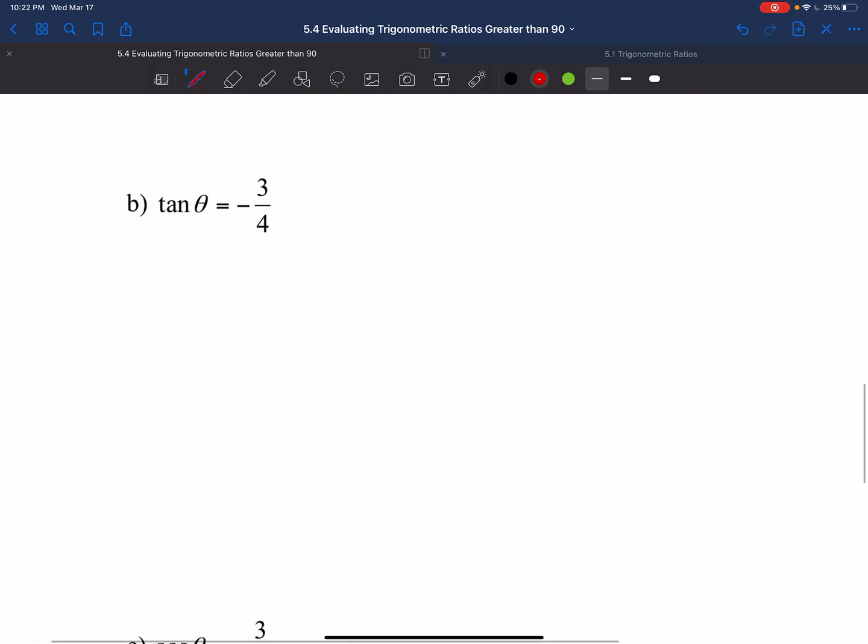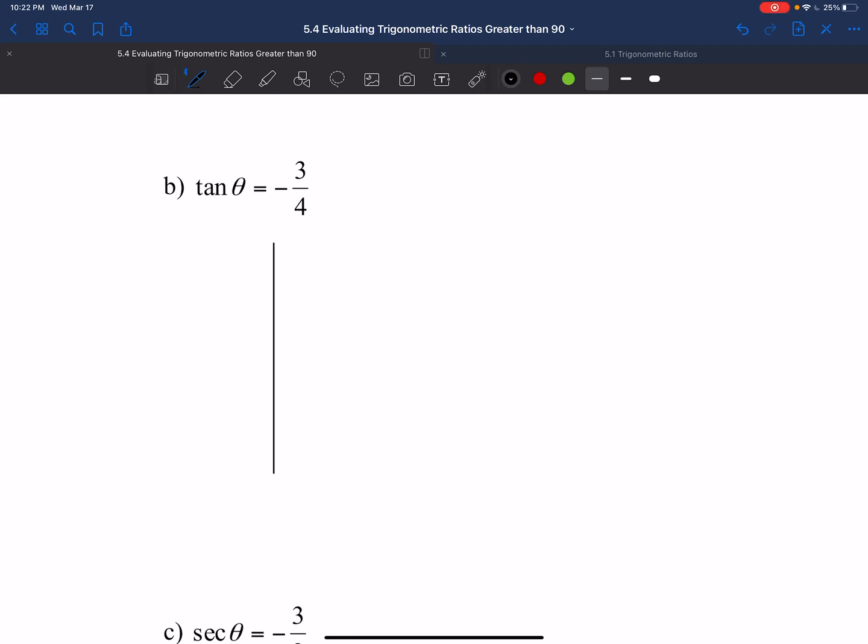So if tan is negative 3 over 4, again, it tells me it's in the second quadrant. So I know it'll look like this. So tan is opposite over adjacent, or y over x. So y is 3, x is 4, but it's negative. So this is not the negative value because I'm going up.